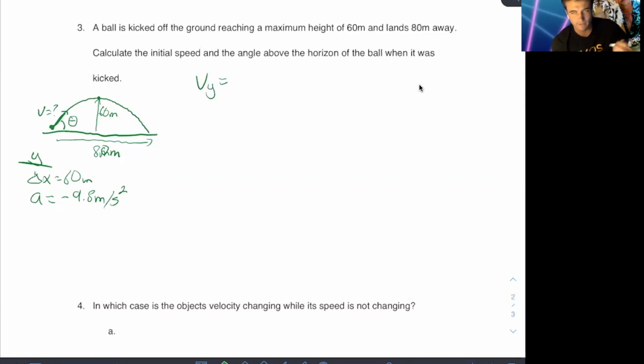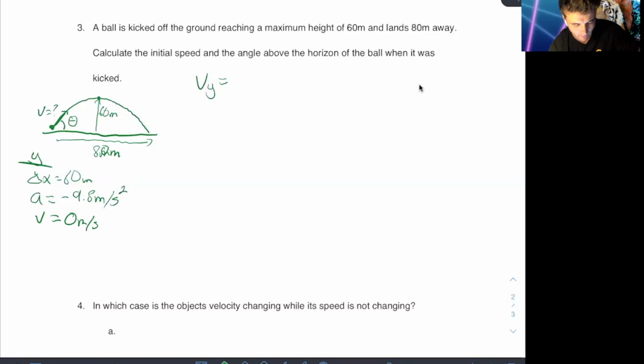We have to have some initial velocity to do that. We don't know what that is, but we know the final velocity when it reaches that high point is going to be 0 meters per second. We don't know the initial velocity, and that's what we're trying to find.